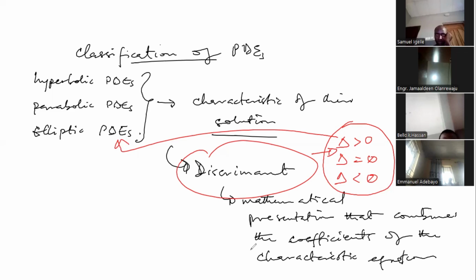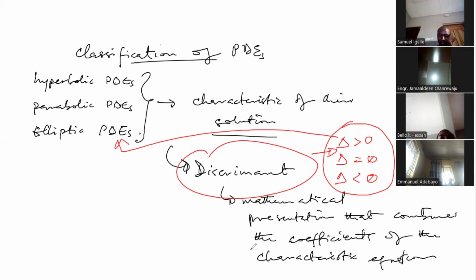Doc, please, I have a question just to clarify. Can you explain again why we're introducing the discriminants? Now, we are introducing the discriminant so as to be able to classify the equation. That's one.